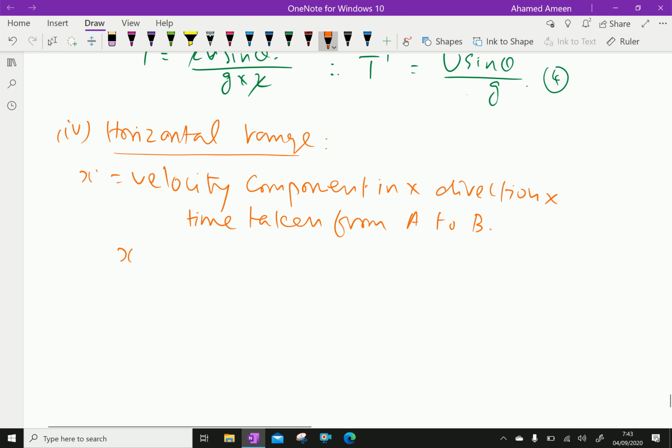Therefore x equals u cos theta, the horizontal component, into the total time taken, which is the time of flight 2u sine theta over g.